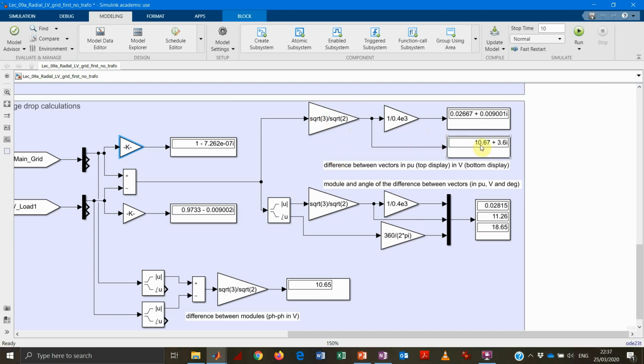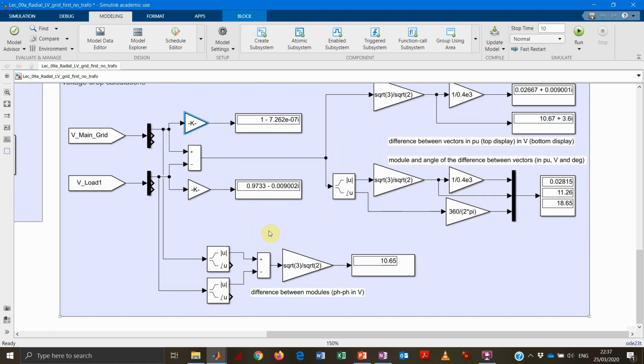So I get this 10.67 plus 3.6 on the imaginary axis. And the same I can do also in terms of modules and also angle down here. So I can basically get the module and the angle of the difference between the vectors, again in per unit, in voltage, and in degrees.